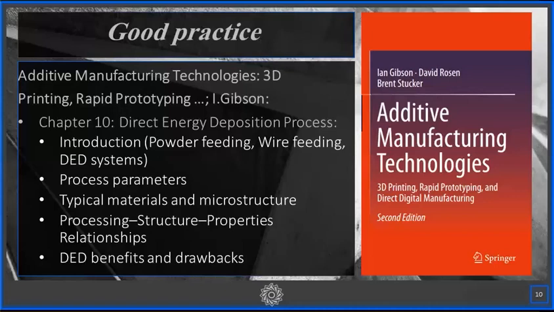Process parameters. How could the process be modified? Which parameters are important in the process? And then it goes once again deeper to typical material and microstructure.